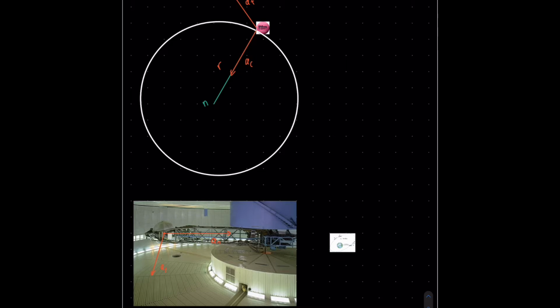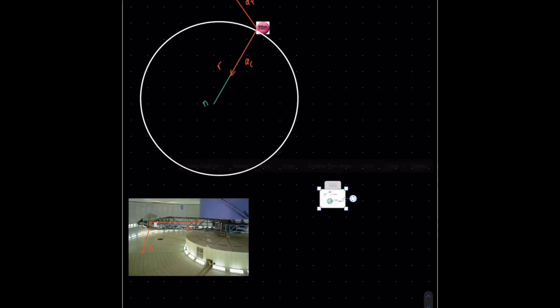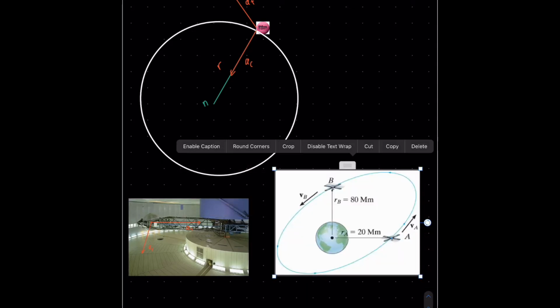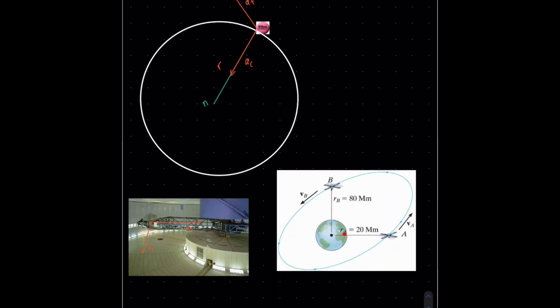We could easily find the forces along this thing here. This example is actually a bit more interesting because now we have different radii. And with the different radius, we're going to have different magnitudes of the normal and tangential accelerations. Here, you see this radius is different than this one.